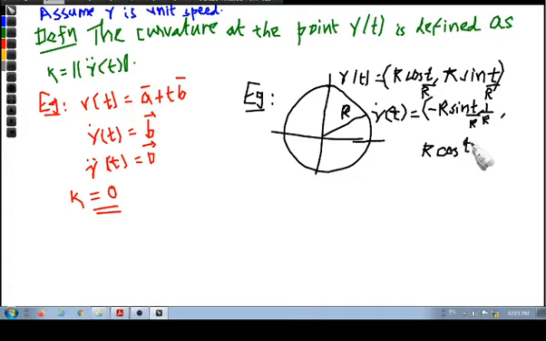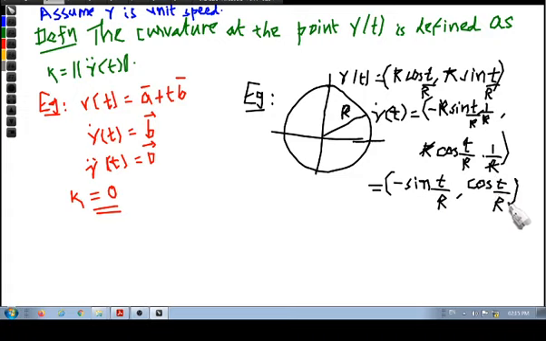What is the derivative of t by r with respect to t? It is 1 by r. So this r gets cancelled, this r gets cancelled. So gamma dot t is minus sin t by r, cos t by r. This is the velocity. Clearly, norm of gamma dot is equal to 1. Therefore, gamma is a unit speed curve.